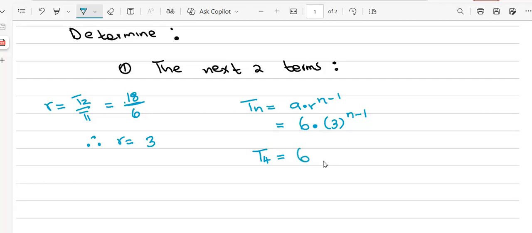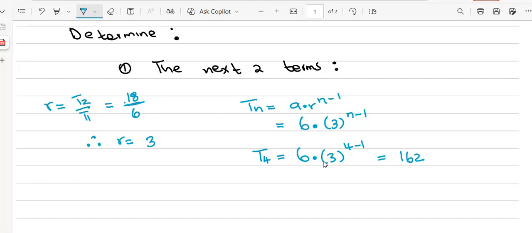So this will be 6 multiplied by 3 to the power 4 minus 1, and punch that into the calculator. 4 minus 1 is 3, so 6 times 3 to the power 3 is 6 times 27, which gives us 162.